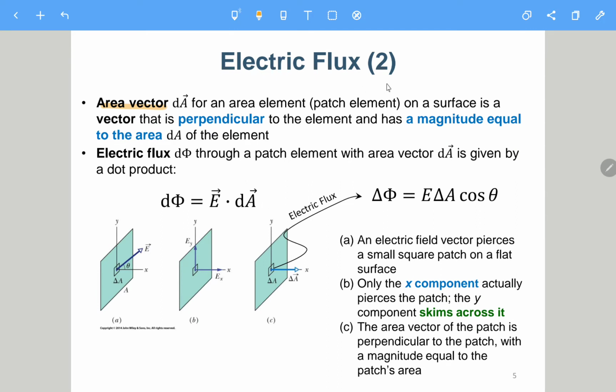And also, we need to define the direction of this vector. The vector is perpendicular to the element. Suppose this element is a rectangle.